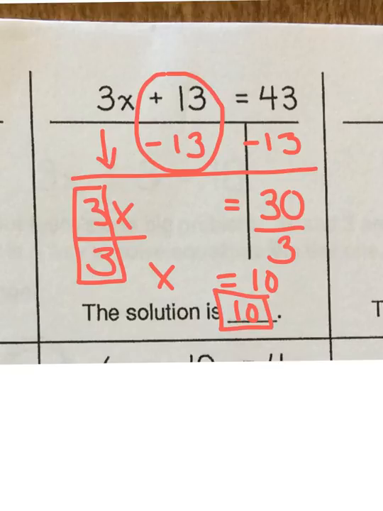Put a box around that. And you could say, well, let's plug it in. Right there, if I plug 10 in, 3 times 10 is 30. 30 plus 13, yes, that's 43. Let's do another one.